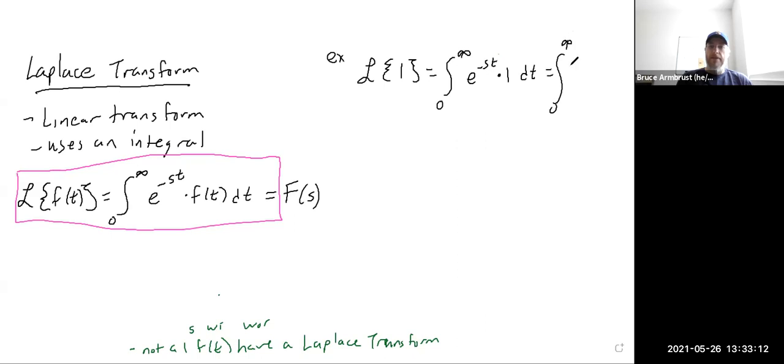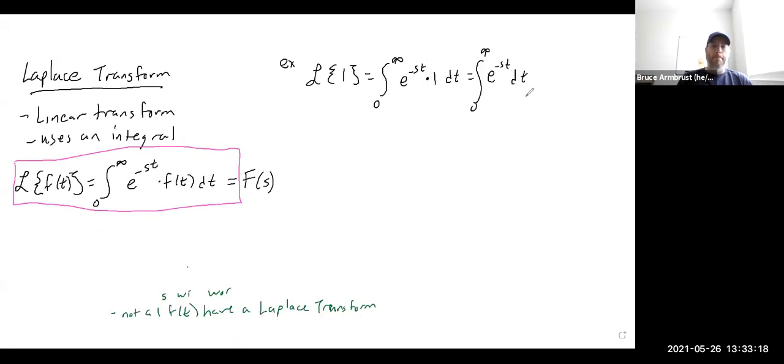So that's the integral of e to the minus st. Well, that's easy enough to integrate. We're going to get e to the minus st divided by minus s, so minus 1 over s times e to the minus st, evaluated from 0 to infinity.